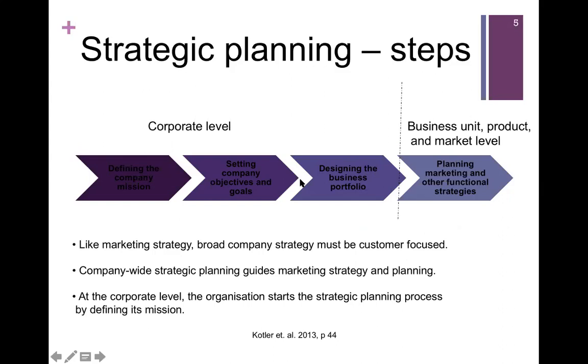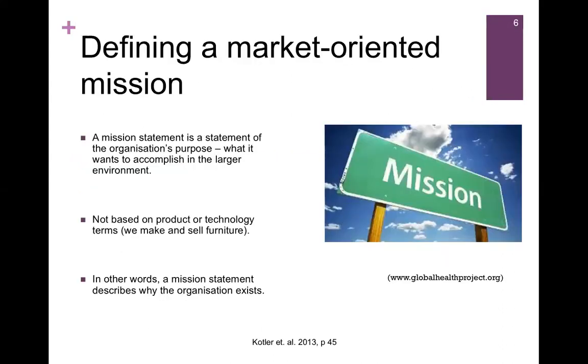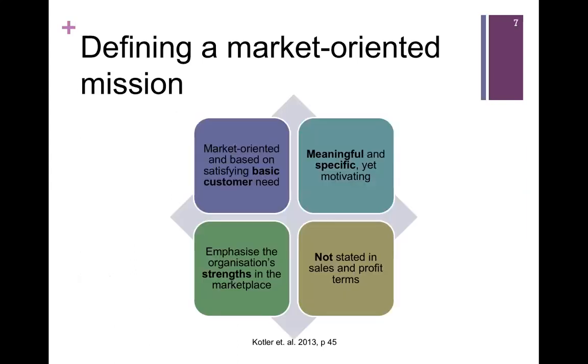I'm not going to discuss these steps in terms of strategic planning, just briefly the market-oriented mission. We recommend people to look at the market-oriented mission statement, where we have 4 criteria basically. It is based on satisfying basic customer needs.